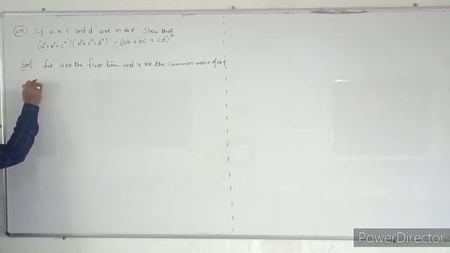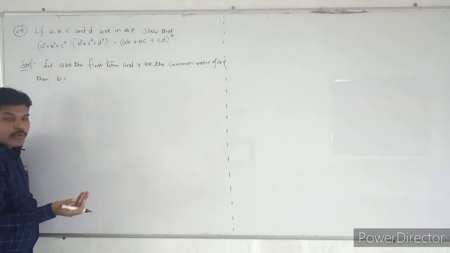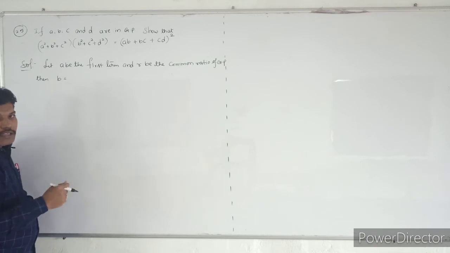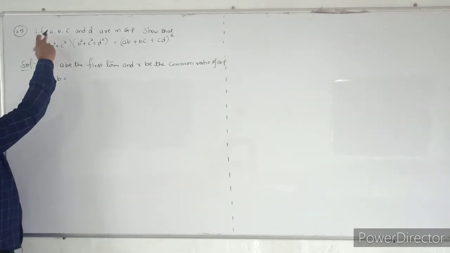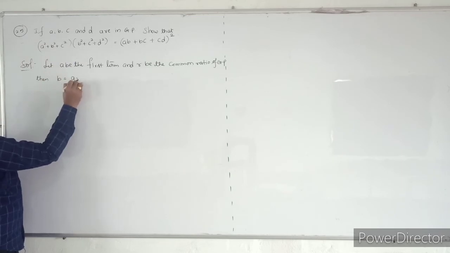Then what happens here? If you take b, what is b? b is the second term. In a geometric progression, how will you get the second term? a multiplied by r gives the second term. So that is nothing but ar.